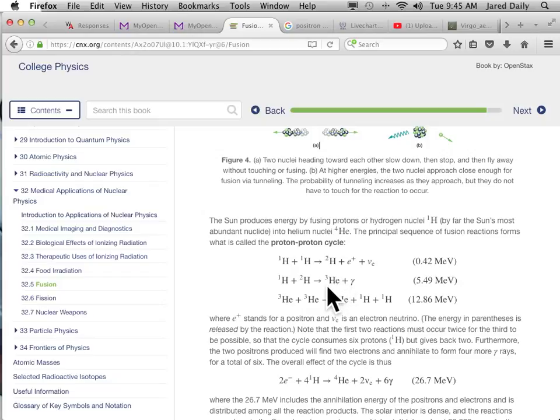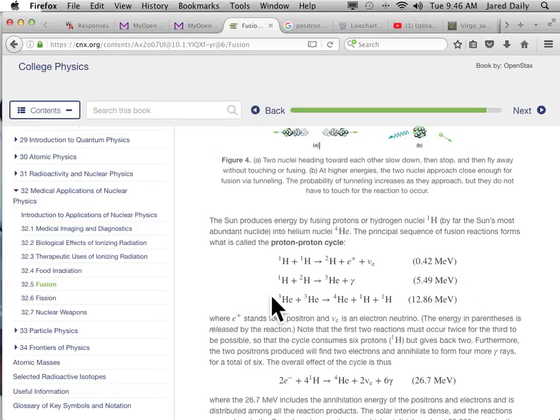Helium-3 is considered an unstable isotope of helium, but not terribly unstable. It's not necessarily radioactive, for example. It's just not terribly stable. So you have one proton and one neutron combined to give you two protons and one neutron. And this releases some energy in the form of a gamma ray, and it gives off 5.4 mega electron volts in that gamma ray. So that created even more energy.